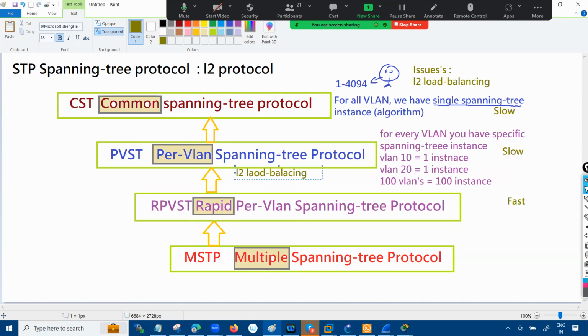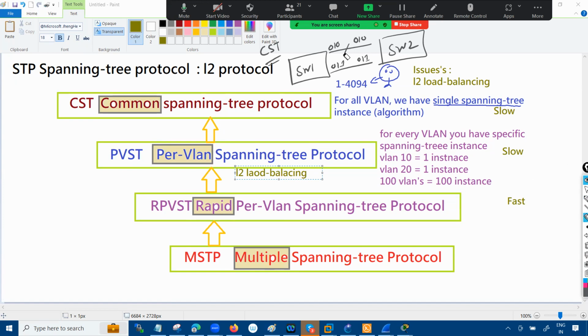Load balancing is what? I can send the traffic on both the links. Understand this concept, guys. Switch 1, switch 2, we have two links. Normally, what happens if I use the CST protocol? One of the links will be blocked, 0/0 and 0/1. Maybe this link is blocked, so I can only send the traffic from one link.